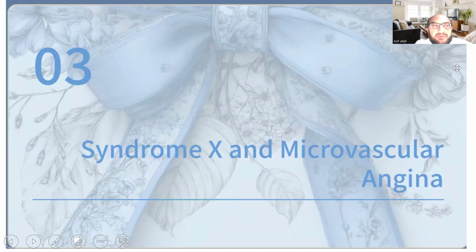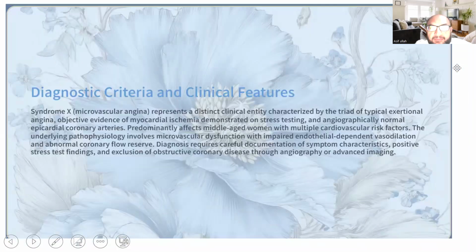Syndrome X and microvascular angina are a distinct entity with a triad of typical exertional angina, objective evidence of myocardial ischemia on stress testing, and normal coronaries on angiography. Middle-aged women with multiple cardiovascular risk factors.